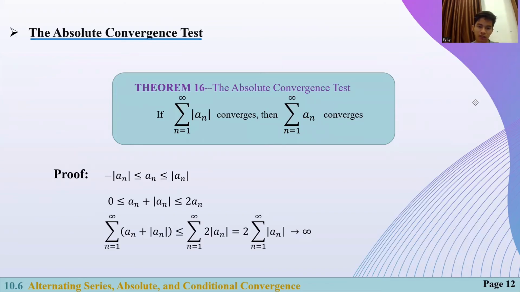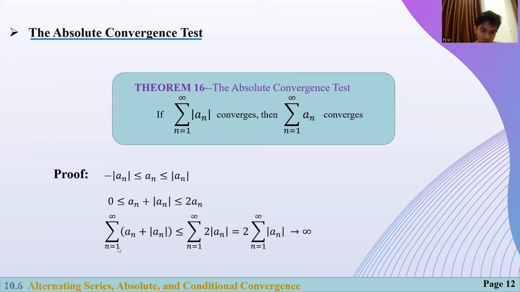Suppose the real number line has the negative terms on the left and the positive terms on the right. We check that a sub n plus absolute a sub n is greater than or equal to 0 and less than or equal to 2 times absolute a sub n.